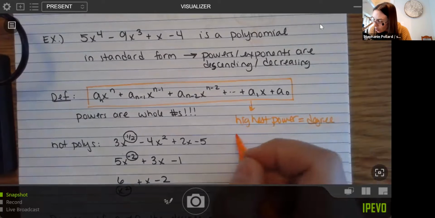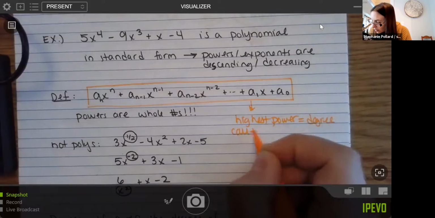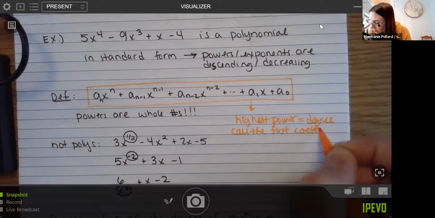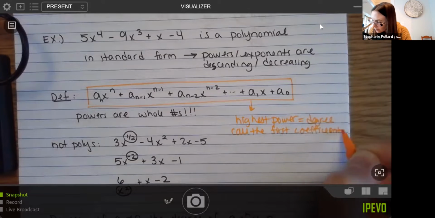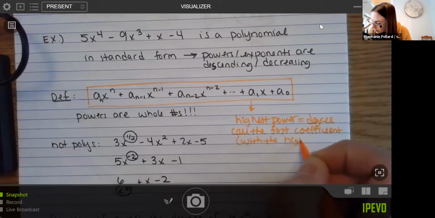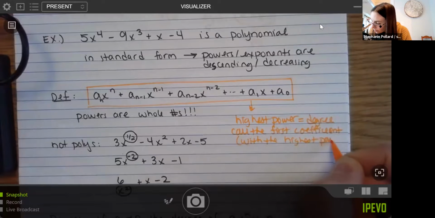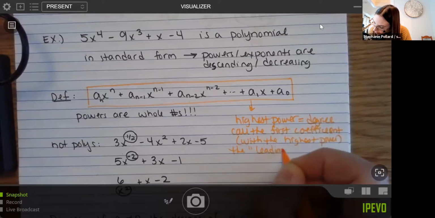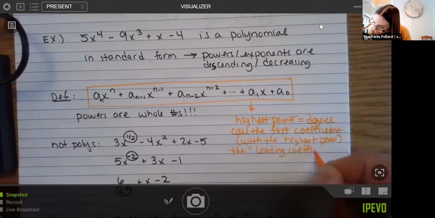And then we call the first coefficient that is with the highest power the leading coefficient as well.